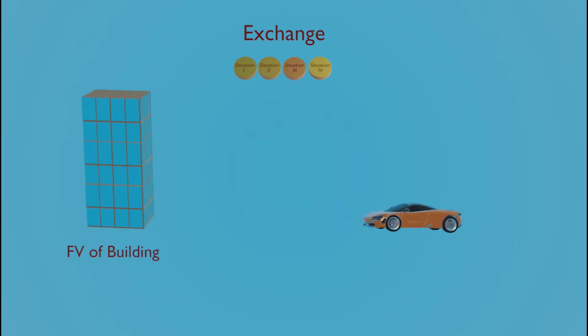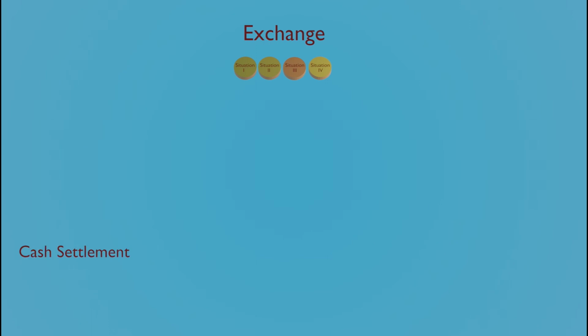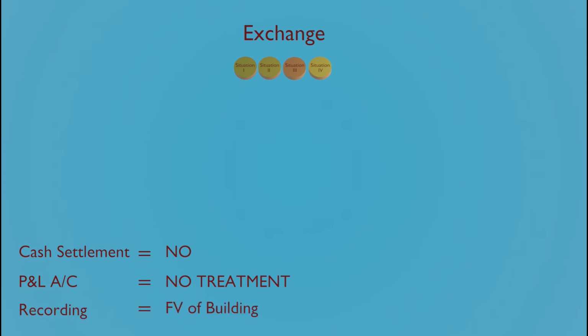Situation 3, where the fair value of the building is available but the fair value of car is not available. In this case, cash settlement will not be possible because the fair value of an asset is not available. Also, there will be no treatment in P&L account. And the recording is to be done at fair value of building.